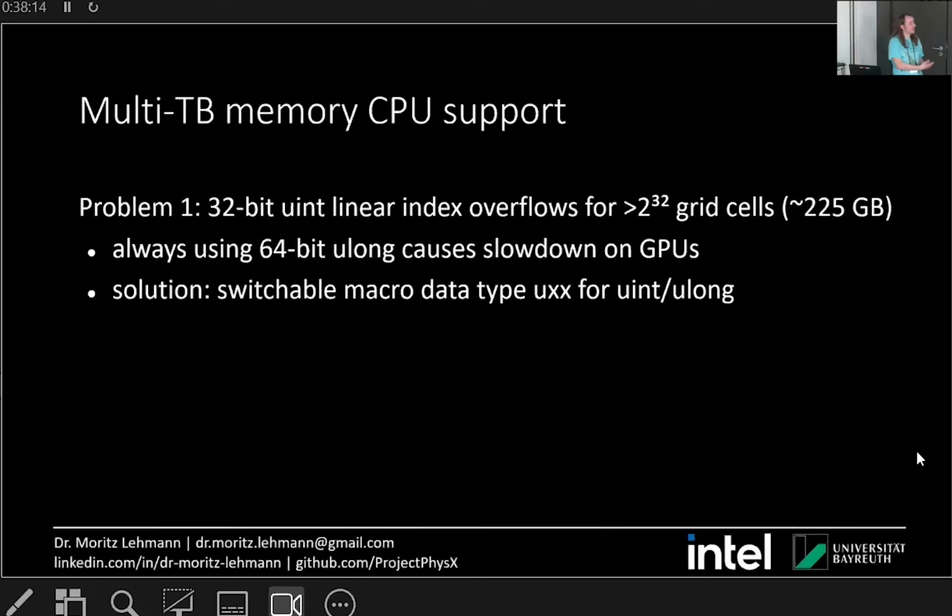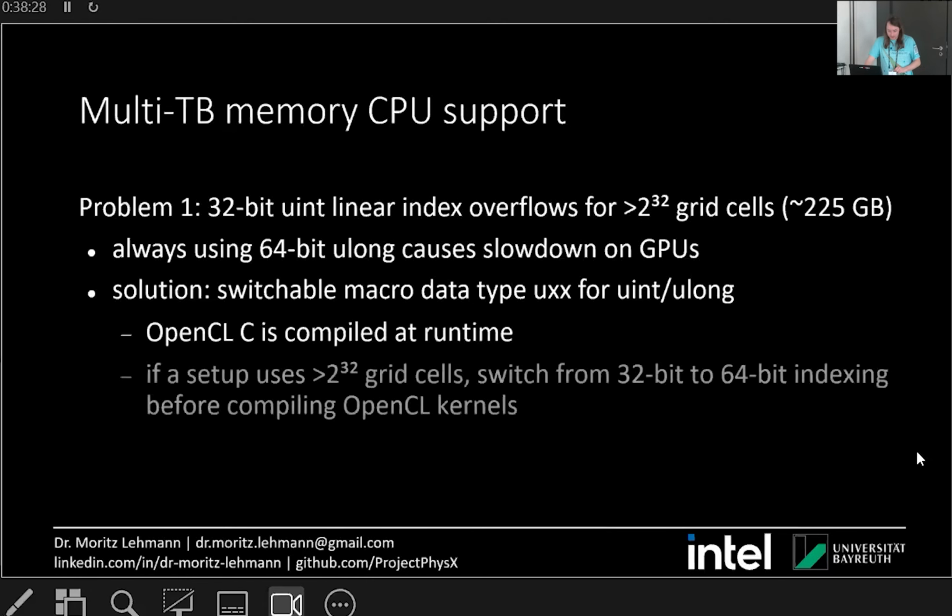When the setup tells you need more than 4 billion grid cells, it compiles the entire OpenCL code with 64-bit indexing. And then you don't have a limitation on the grid resolution anymore. So that's the benefit of OpenCL being compiled at runtime.